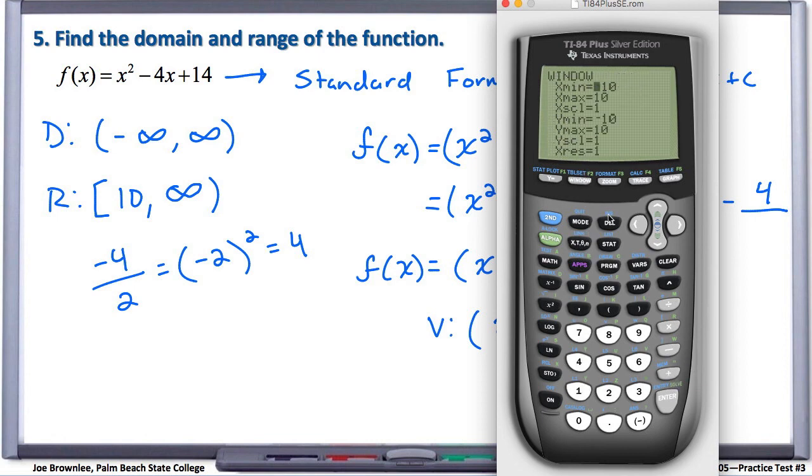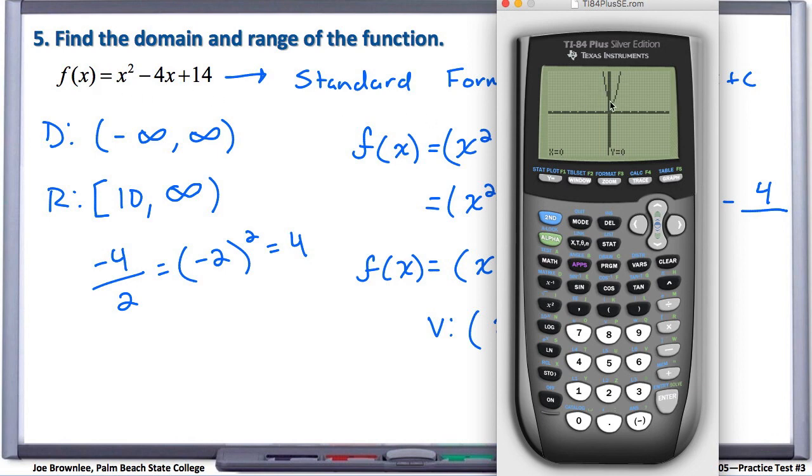I'll make sure that we have a standard window. I think it's going to be just outside, so let's zoom out just a little bit. And there we can see our parabola.